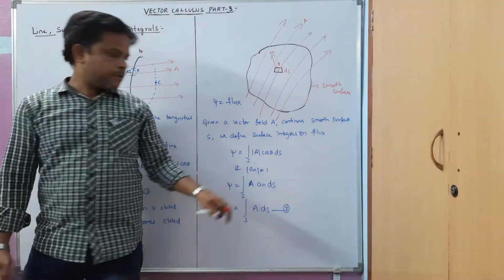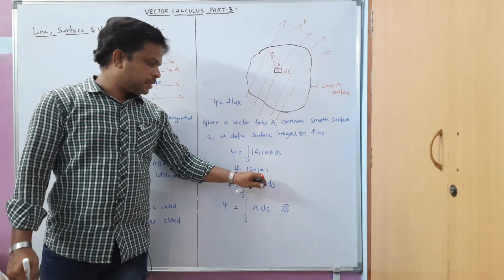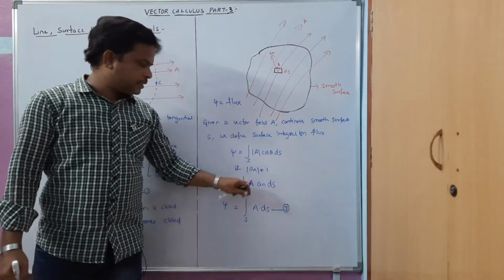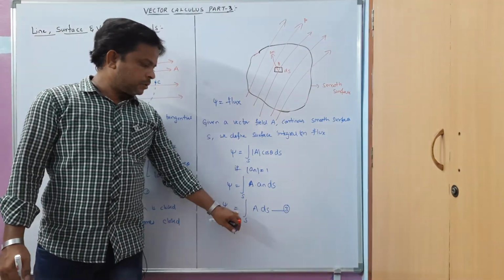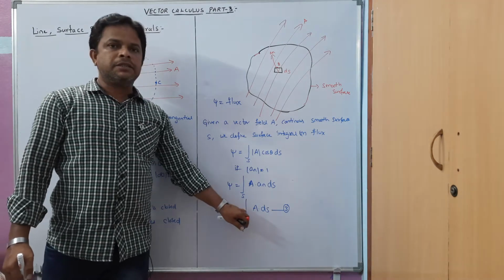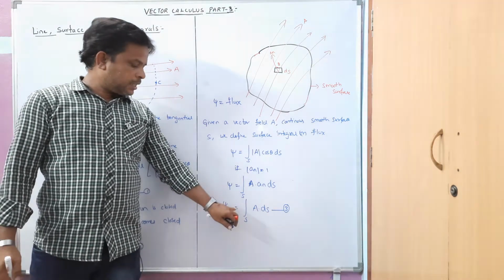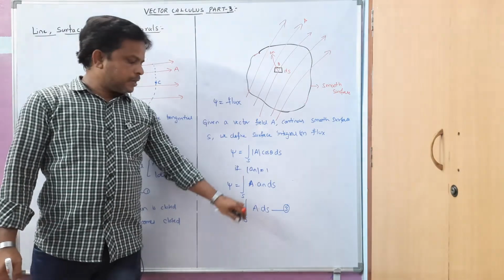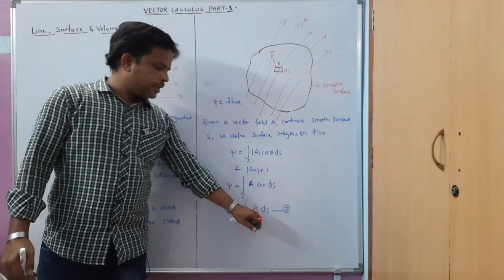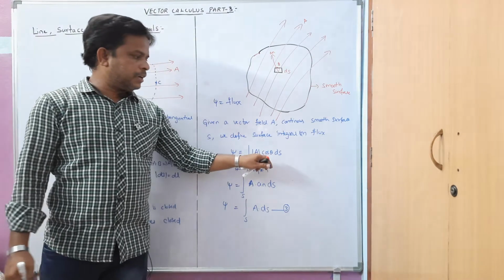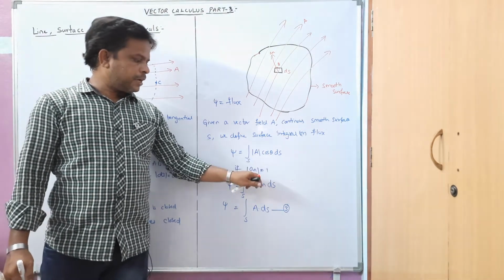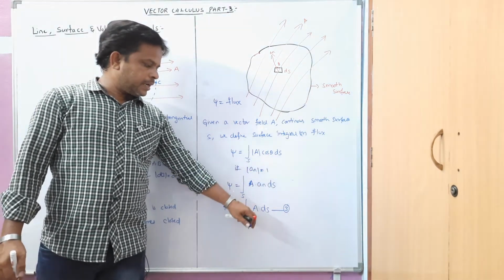If mod AN is equal to 1, we can write the flux in this form. This is a standard form of the surface integral, that is A dot ds. A dot ds we can write as mod A cos theta ds. Again we will get this form.